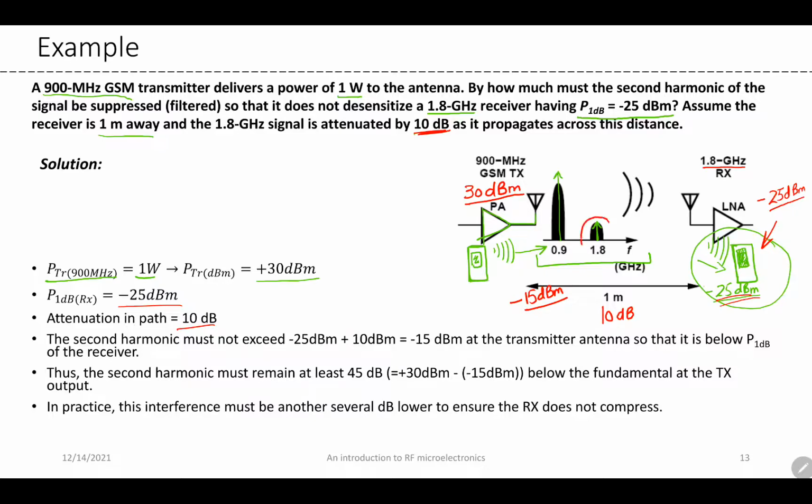So this 1.8 gigahertz signal at the transmitter end should not be more than minus 15 dBm. Otherwise, it will be higher than the 1 dB compression point of this receiver, and it will drive this receiver into compression.